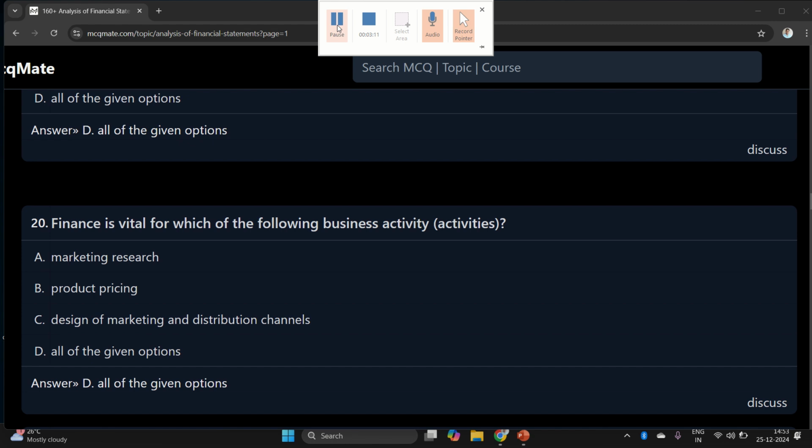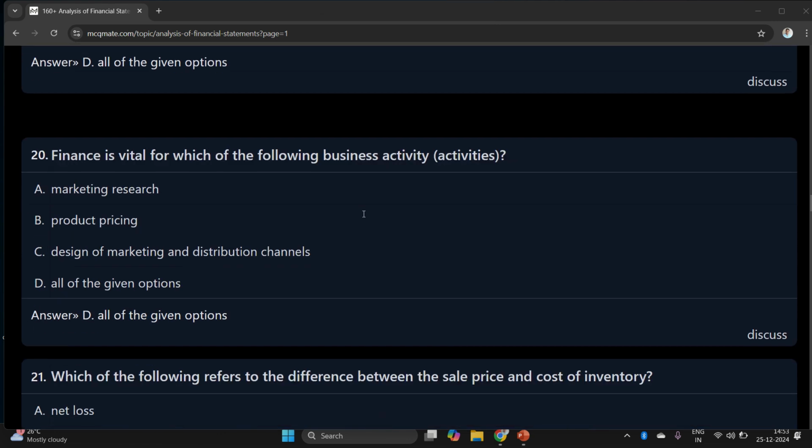Question number 20: finance is vital for which of the following business activities? So all three are right. The answer is option D, all of the given options.